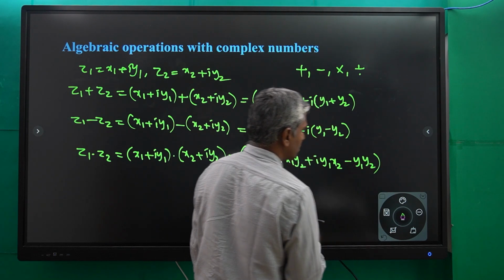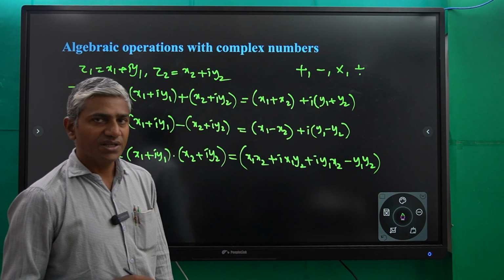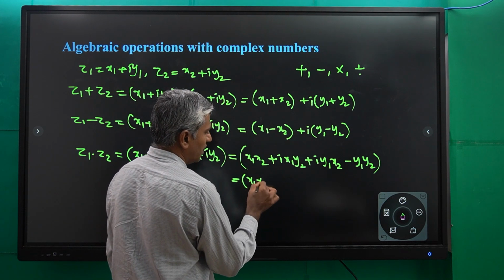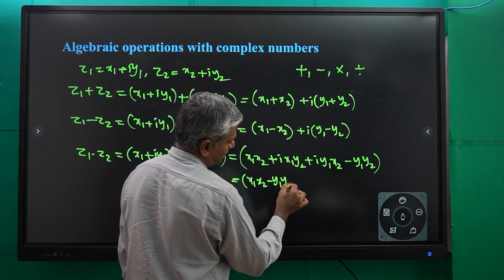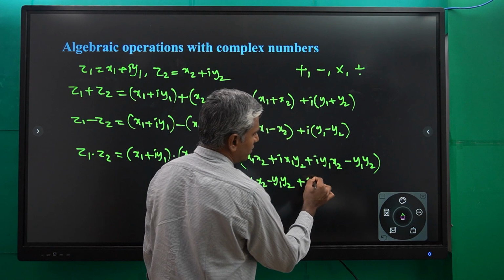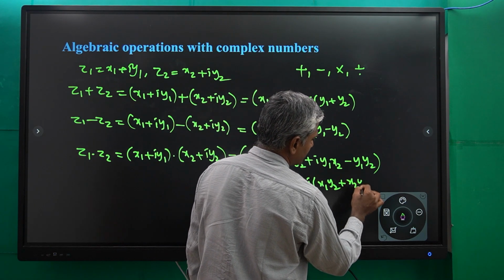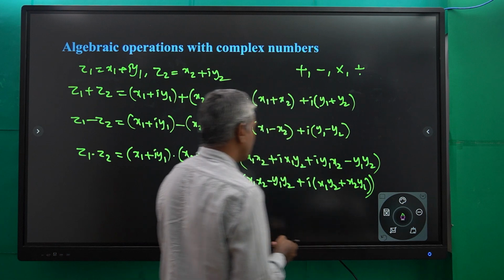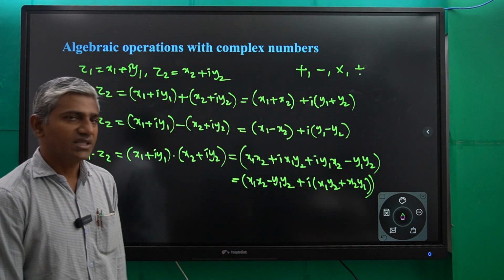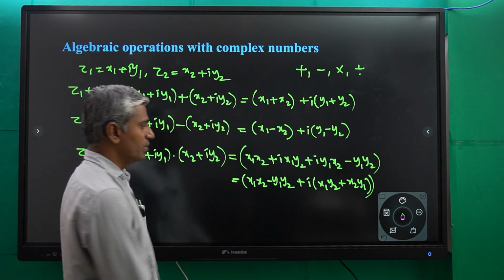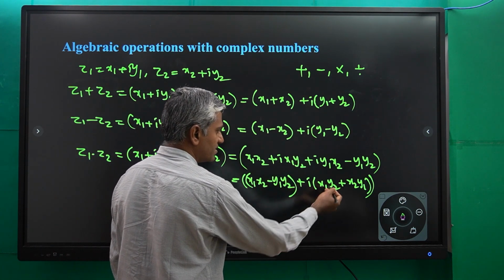Here the real part and the imaginary part will be separated: x1 x2 minus y1 y2 plus i times (x1 y2 plus x2 y1). So you are separating the real part as well as the imaginary part, one part is this and the other part is this.